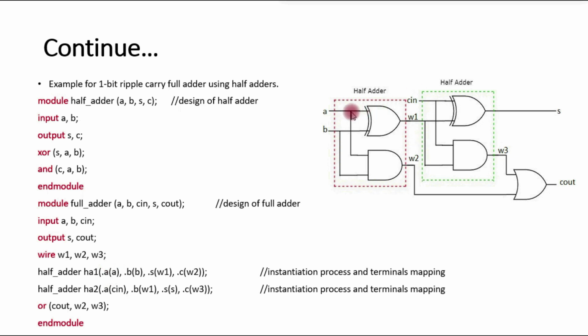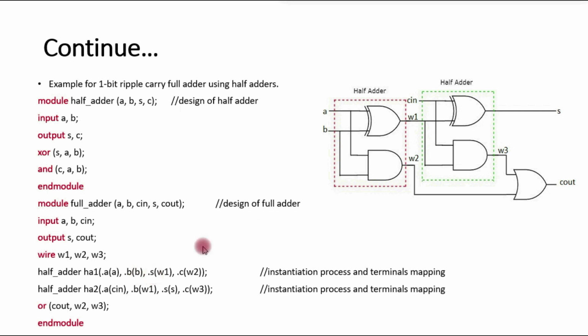It means the input A, that is the input for half adder 1, is the same input signal for the full adder circuit. So A is matched as A, comma, then the second input, that is dot B. B is for the half adder circuit and it is mapped with the B signal of the full adder circuit. So for half adder and full adder, the A signal is the same, and the B signal is the same.